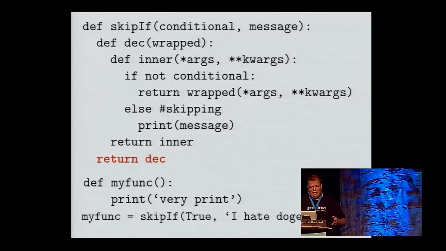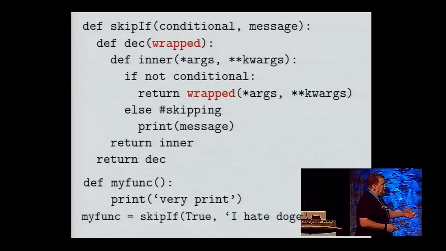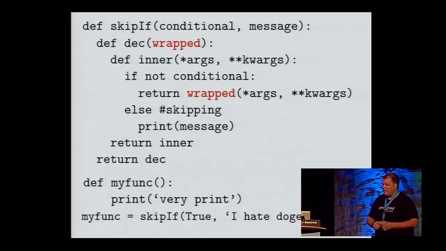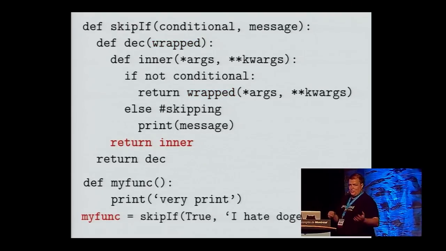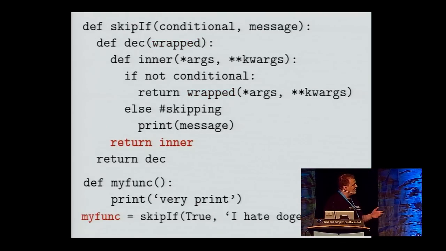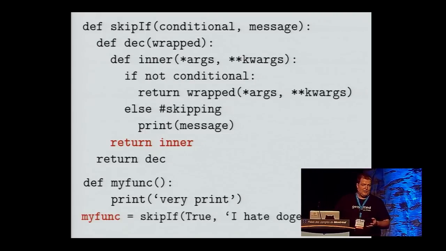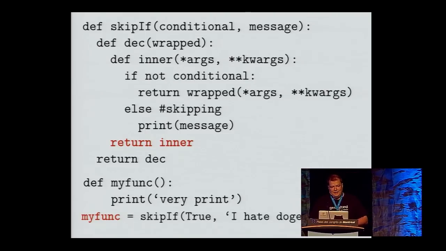And it creates and returns the inner function. Our myfunc travels through as the wrap function. And then we return the inner function that gets stored into myfunc. So it looks more complex, but it's actually not too bad if you just realize that we are calling skipIf, it's creating a decorator and returning it, and then we immediately call that decorator with our function.